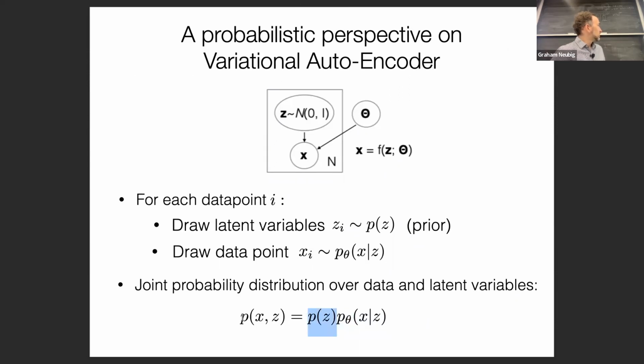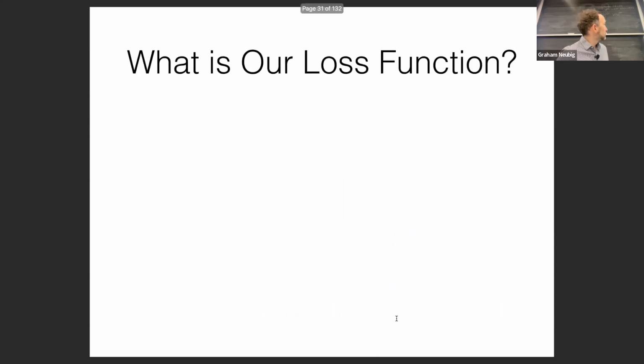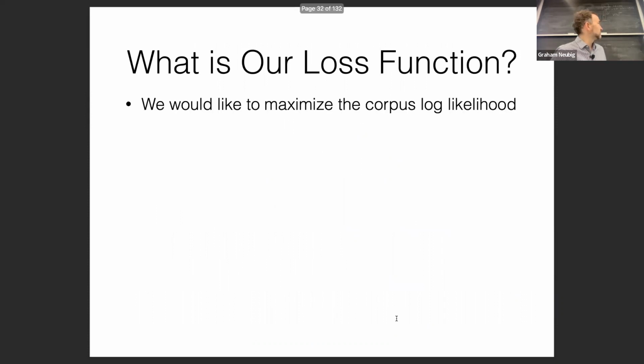And once we have this probabilistic perspective, we can calculate a loss function that maximizes the probability of the data that we're trying to model. Specifically, we'd like to maximize the log likelihood of the data we're observing, just like we maximize the log likelihood of the data we observe when we train a normal non-latent variable language model.